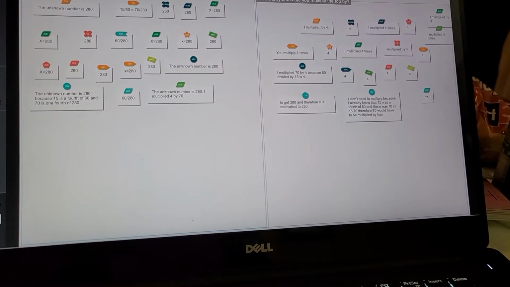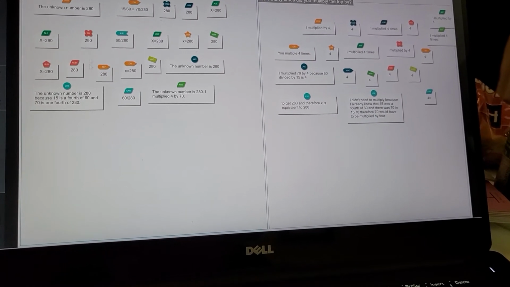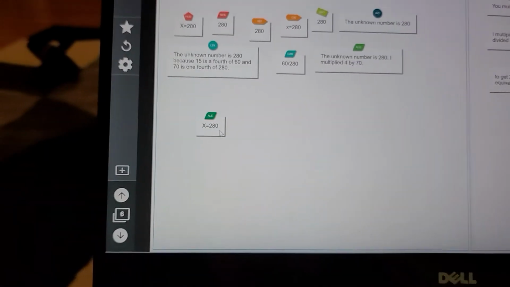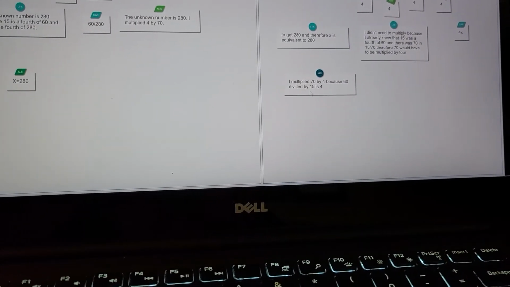What is the unknown number and how many times do you multiply the top by? Well, the unknown number is 280. How did we get to 280? Right here, I multiplied 70 by 4 because 60 divided by 15 is 4.